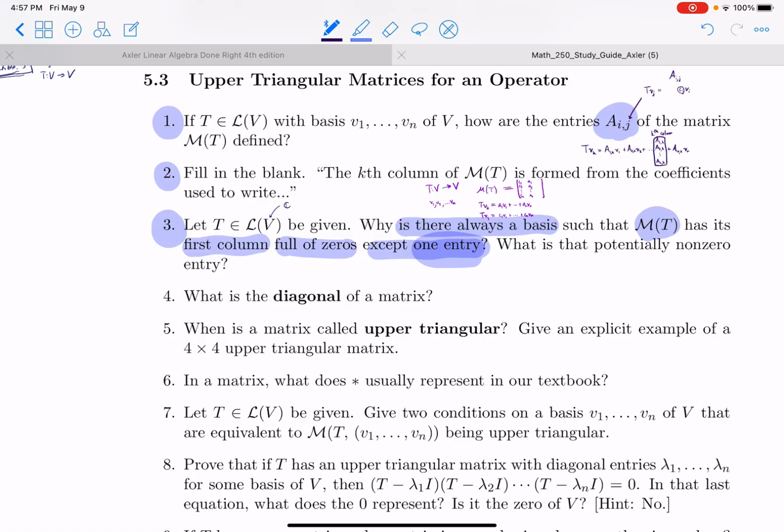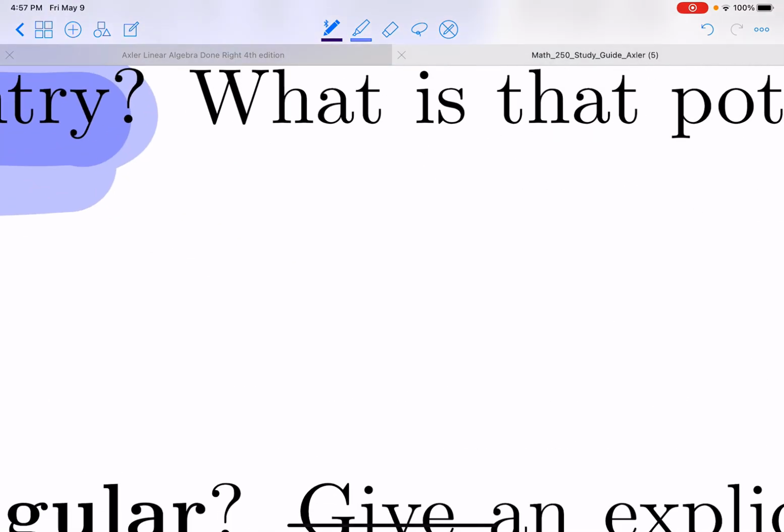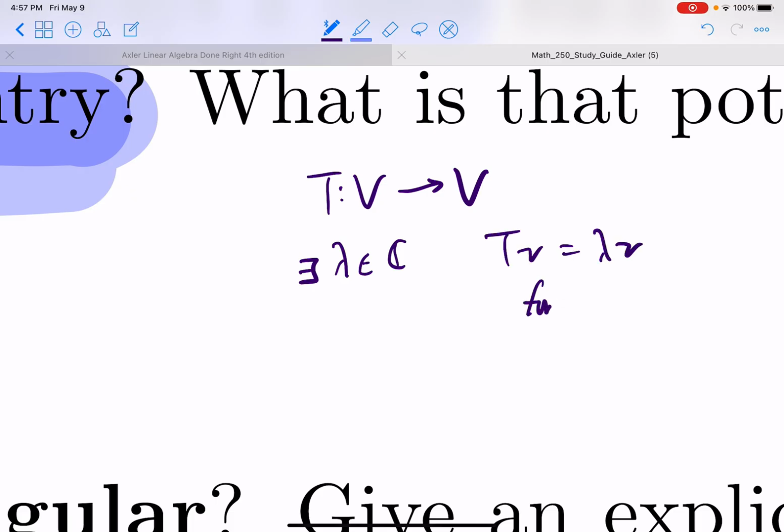Then this is true. If it's the real numbers, it's false. So why is it true? Because over the complex numbers, every operator has an eigenvalue and an associated eigenvector. That's a non-zero vector. So there exists a lambda in C with Tv equals lambda v for some non-zero vector v.